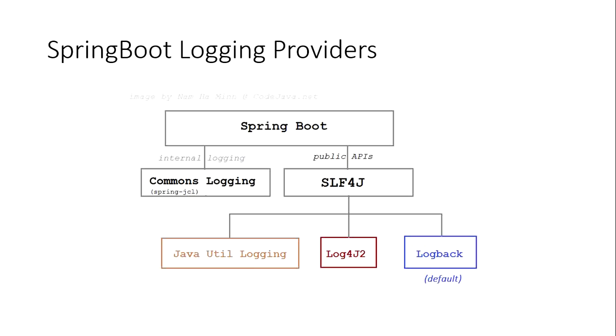It imposes a standard way of logging on all the logging providers. So it's SLF4J with logback, SLF4J with log4j2, or SLF4J with java.util.logging. The abstraction is SLF4J, and the background implementation is logback or log4j2.